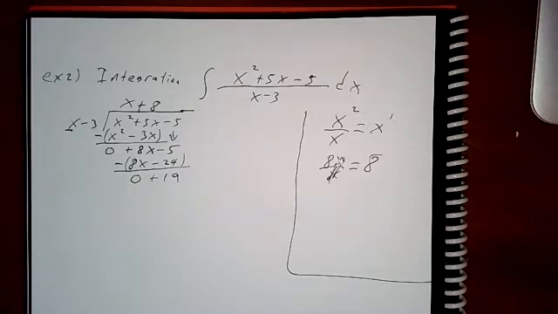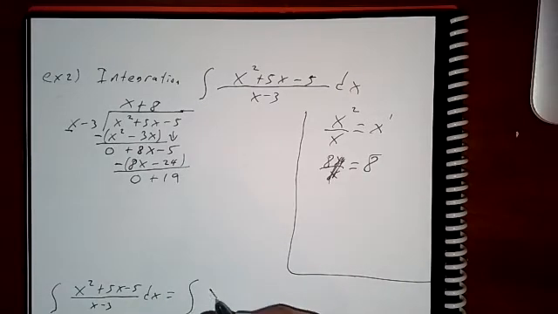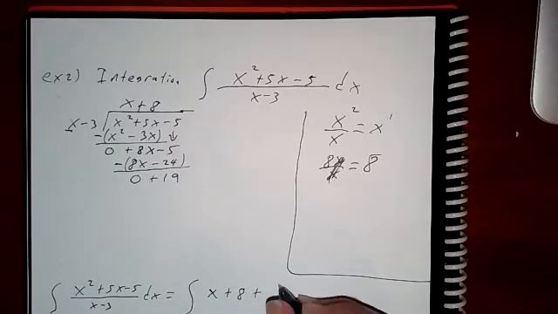Mm-hmm. So what you end up doing is changing this fraction into 3 pieces. So x plus 8, which is the quotient, and then plus the remainder over the divisor.